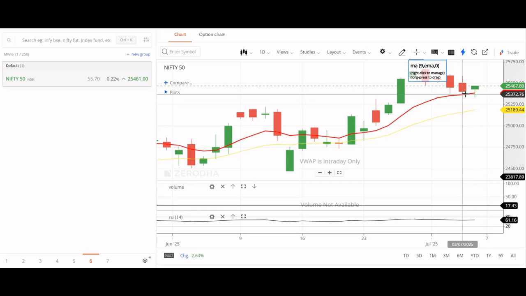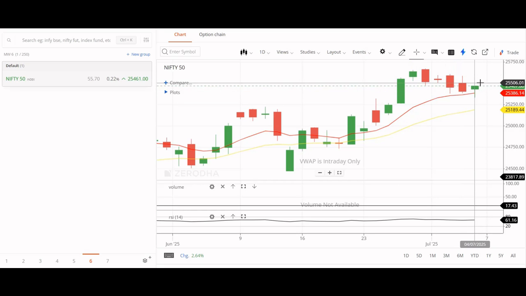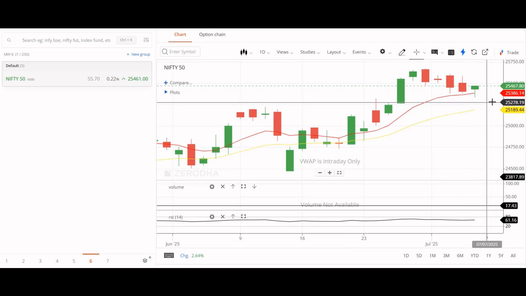So just for an example, if we think that the market is at a support level and it is giving us a trend reversal signal, then we can go and buy at the money, which is 25,400 or 500 levels, and we should buy July month call options.